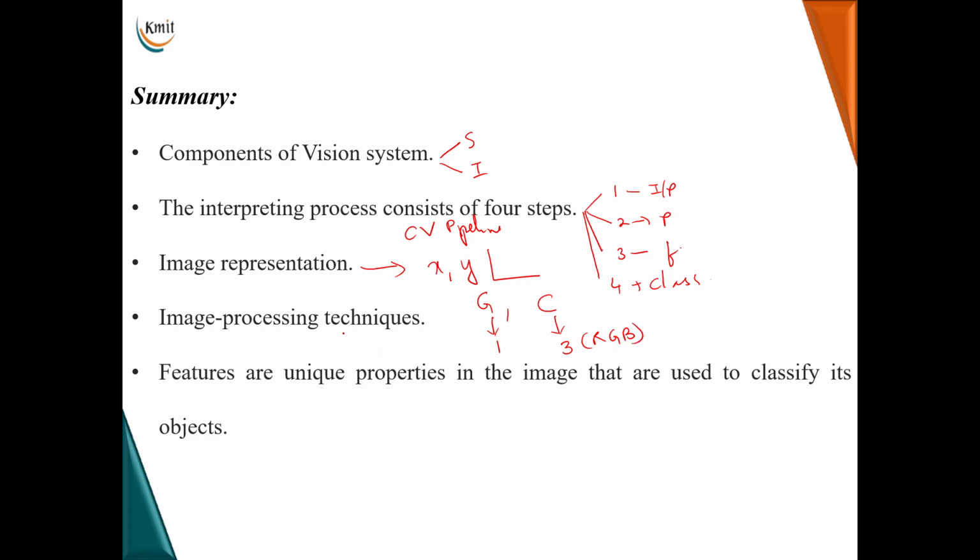We have also gone through image processing techniques, which are standardization of the images, normalization, grayscale conversion, data augmentation and so on. And lastly, we have talked about the features, which are considered the unique properties to classify the object, and a good feature is used to distinguish objects from one another.